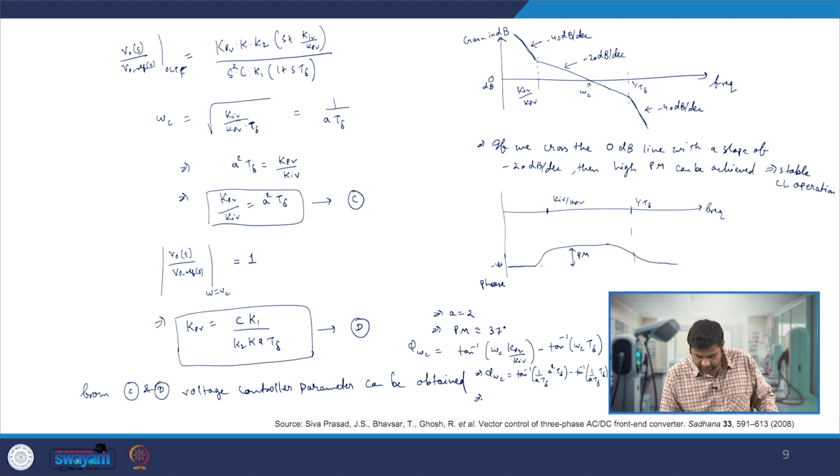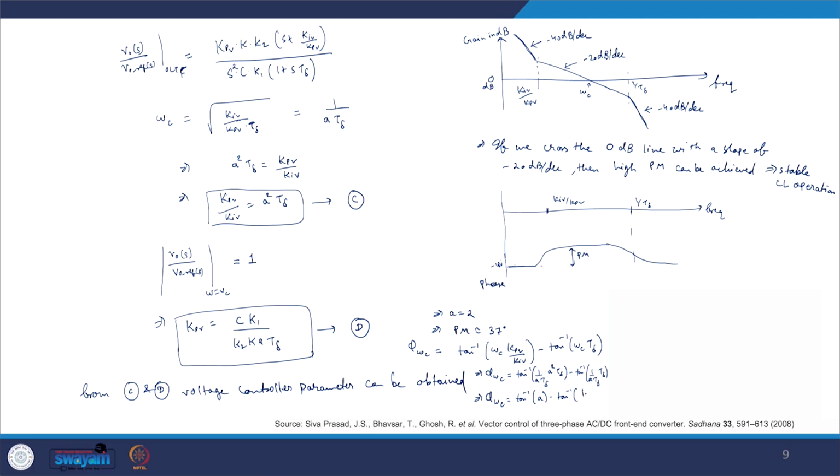Finally we will get phi at omega c as tan inverse a minus tan inverse 1 by a.